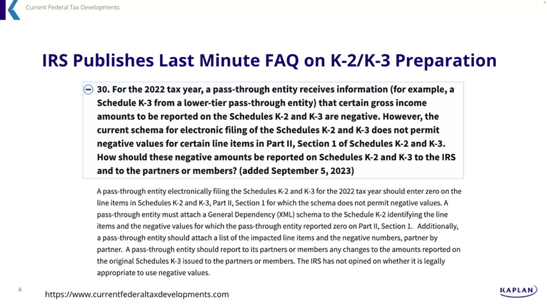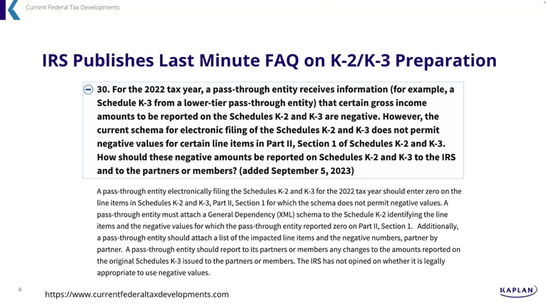So the IRS answer is: a pass-through entity electronically filing the Schedules K2 and K3 for the 2022 tax year should enter 0 on the line items in K2 and K3 Part 2, Section 1, for which the schema does not permit negative values. A pass-through entity must attach a general dependency XML schema to the Schedule K2, identifying the line items and negative values for which the pass-through entity reported 0 on Part 2, Section 1.